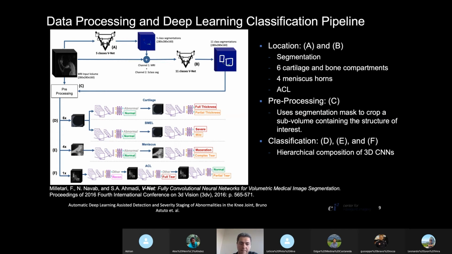So he used a dual output network. I think he used an autoencoder. I can get his paper and refer to you guys if you are interested in that. It's a very interesting work that he did. But in our work, we use this two-step approach for segmenting the structures, and this two-step approach for classifying each one of the structures that we wanted to evaluate.